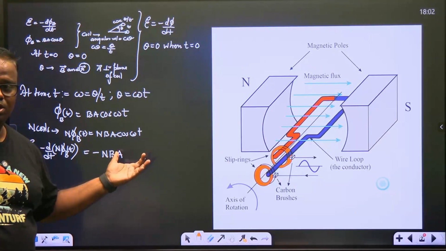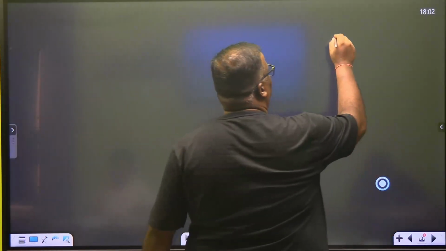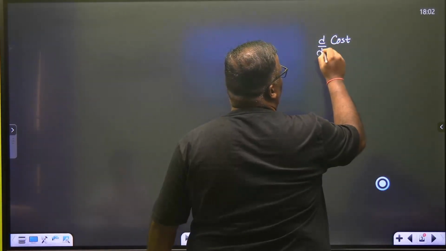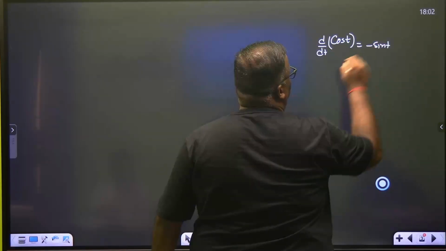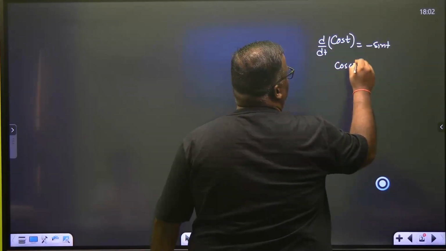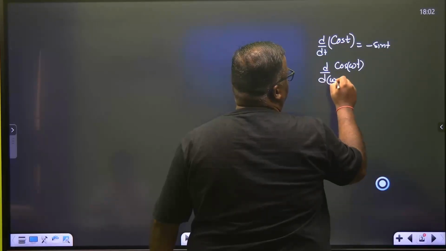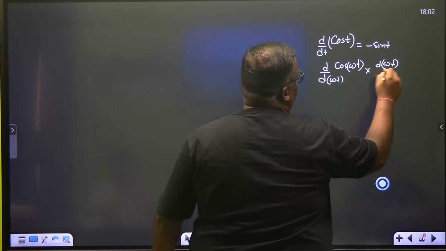Arjun, have you understood this part? It's like this, see. Cos t, if you try to do a derivative with respect to t, then you get minus sine t. But this time you have cos omega t. So we apply chain rule, d of omega t into again d omega t by dt.